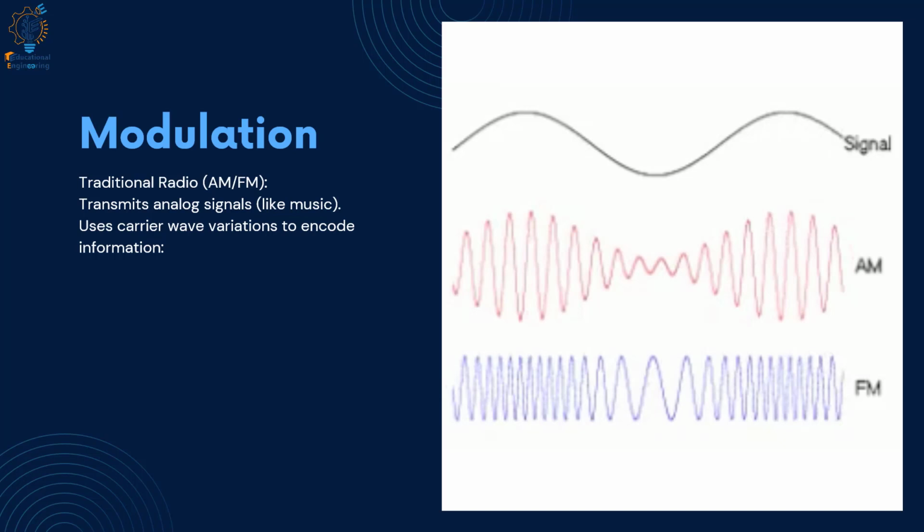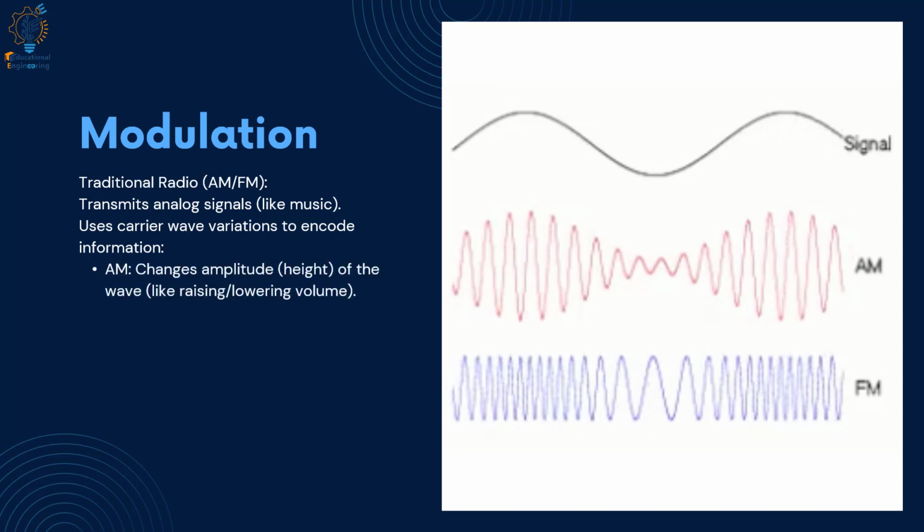The key difference lies in how they modulate this carrier signal to encode the information they carry. There is a horizontal axis representing time and a vertical axis representing the strength, or the amplitude, of the signal.